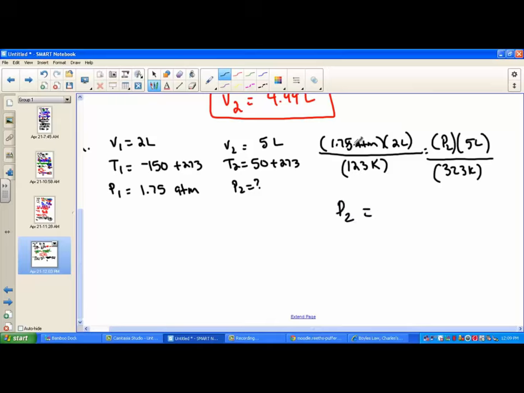So here's the key sequence. 1.75 times 2 times, oh, I have a calculator error, sorry, 1.75 times 2 times, here it is, 323, divided by, and remember, we have to put parentheses around this cross multiply, so parenthesis 5 times 123. 1.75 times 2 times 323 divided by parenthesis 123 times 5. That'll pull out P2 for us.